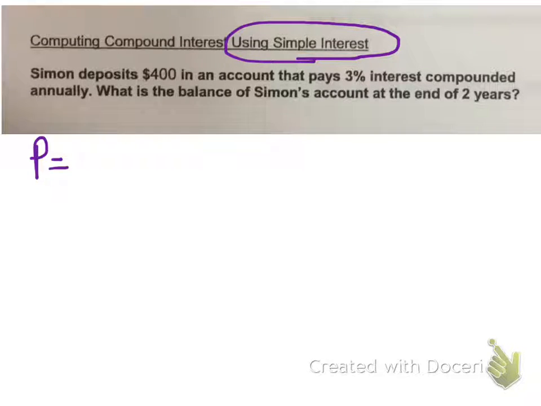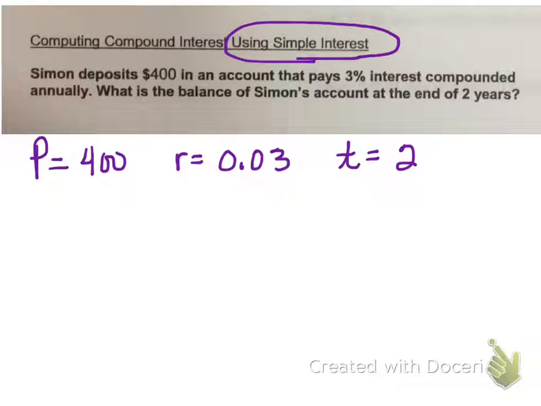And what number represents the P value in this problem? 400. Okay. What number represents your R? 3%. And what would that be once you take the percent sign off? 0.03. Time would be 2 years. Okay. Because it says compounded, I'm going to go back and I'm not going to circle simple interest.